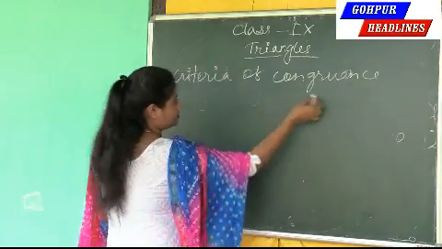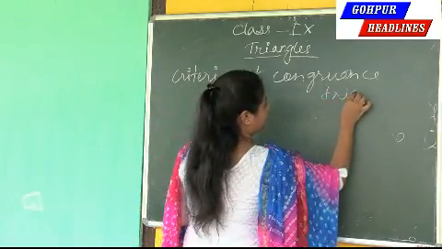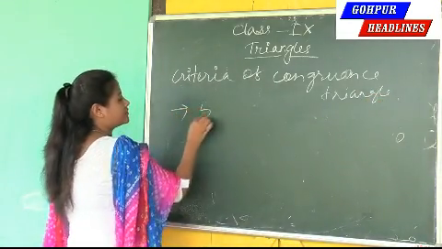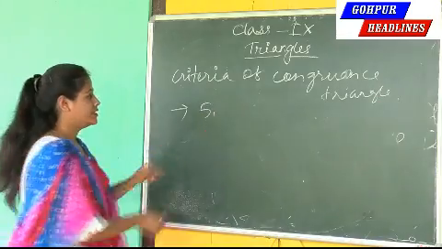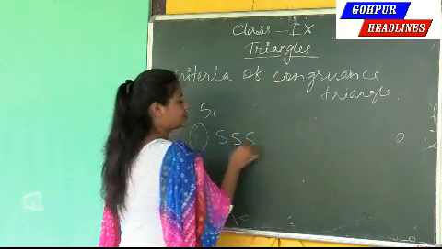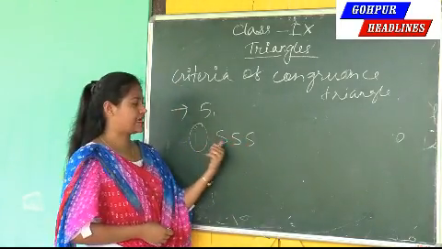Criteria of congruence of triangles. There are 5 criteria. The first one is side, side, side, written as SSS.